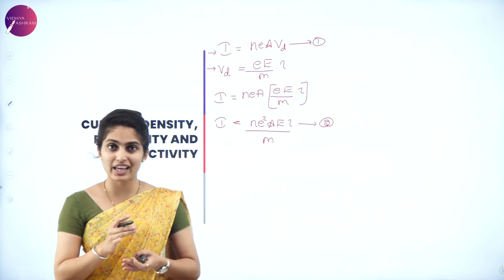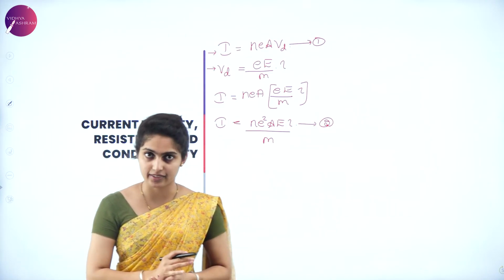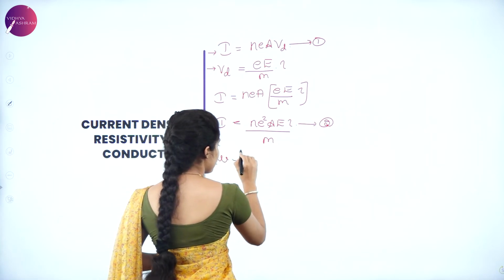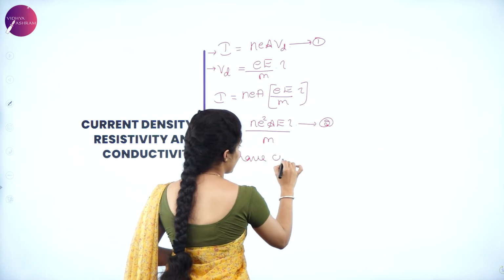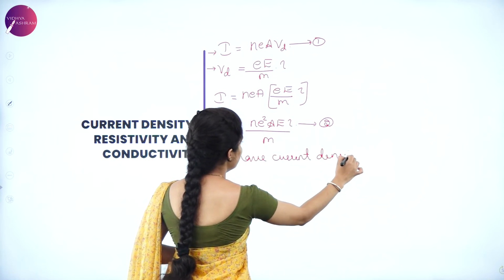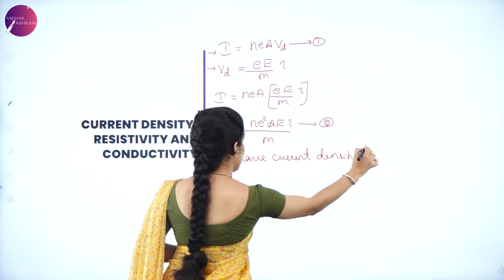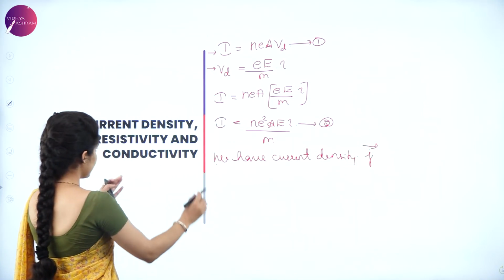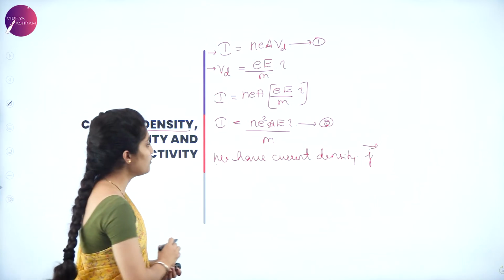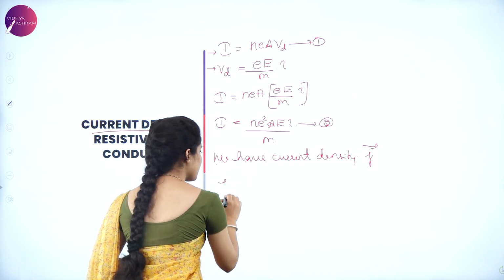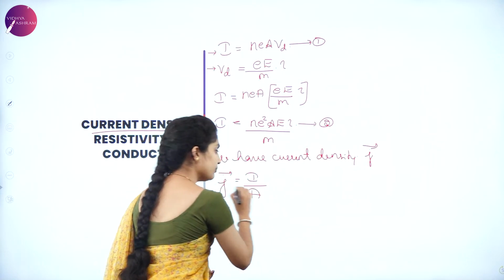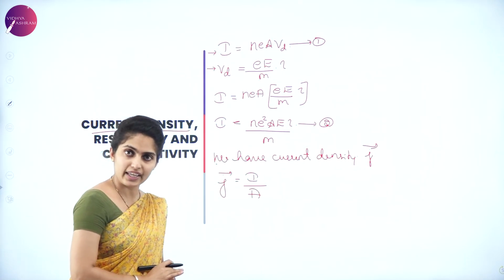And we have studied current density. Current density is represented by J vector. So current density, vector J, is equal to I divided by A, current per unit area.